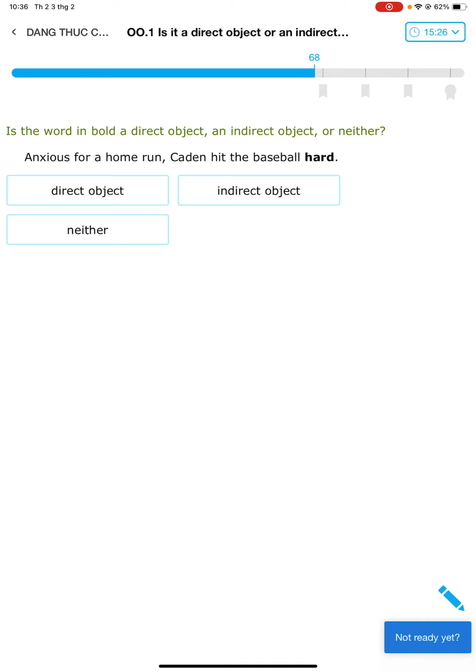We know that the baseball is a direct object, but there aren't any indirect objects standing between the verb hit and the direct object, the baseball. Plus, "hard" here is neither a direct object nor an indirect object, because the direct object is the baseball, and the indirect object would be standing between the verb and the direct object, and there are no indirect objects, so it is neither.